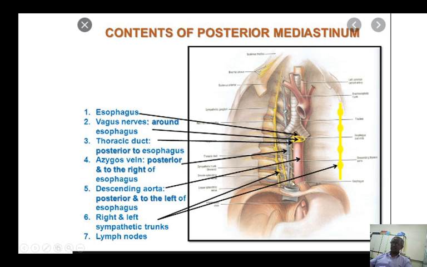Then there are the right and left sympathetic chains and lymph nodes. So these are all the contents of the posterior mediastinum.